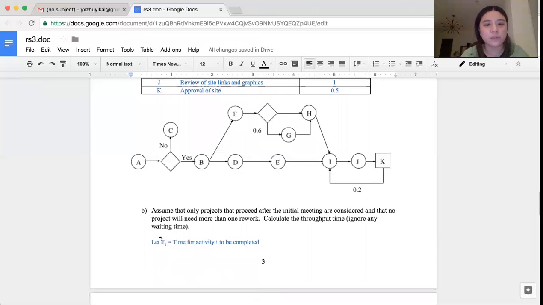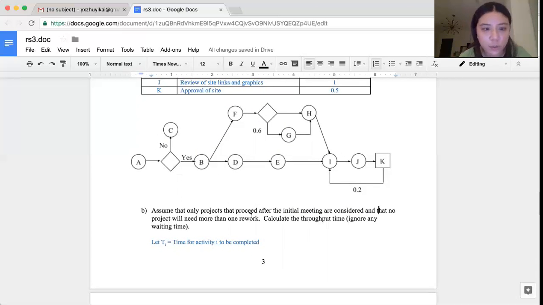Let's denote Ti as the time for activity I to be completed. Since only projects after the initial meeting are considered, after A we go to B instead of being rejected.